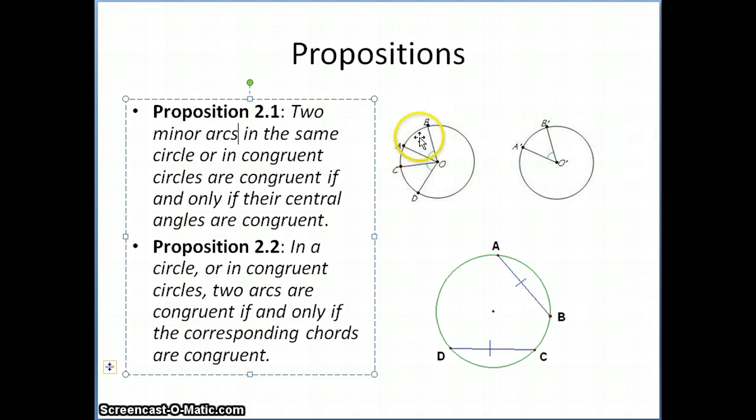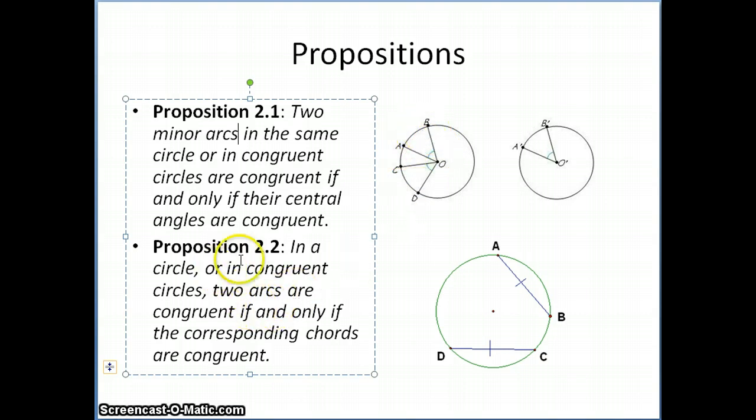If you look at this picture here, AB and CD, these two marked angles are central angles corresponding to each of them. Suppose these two angles are congruent, then the corresponding minor arcs are congruent. That's very easy to understand by the definition of congruent arcs.